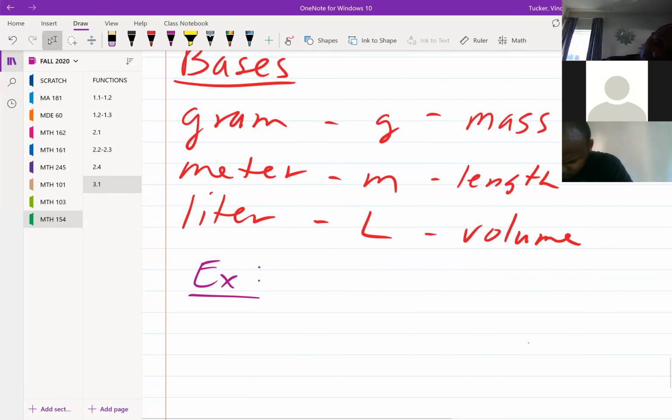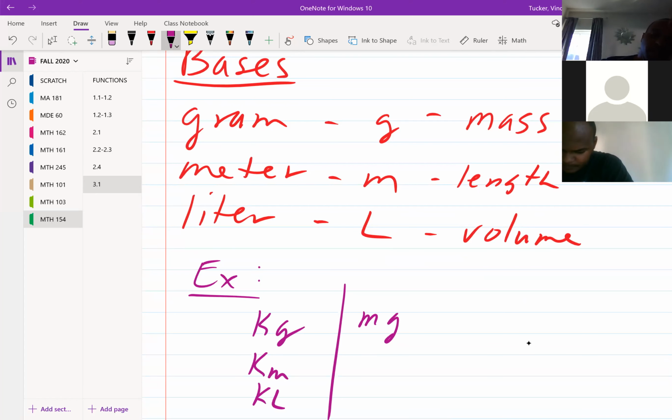Then from there, you can put either one of those abbreviations or prefixes in front of your bases. So you do kilogram, kilometer, kiloliter, or milligram, millimeter, milliliter. So any one of those prefixes can go in front of your bases.